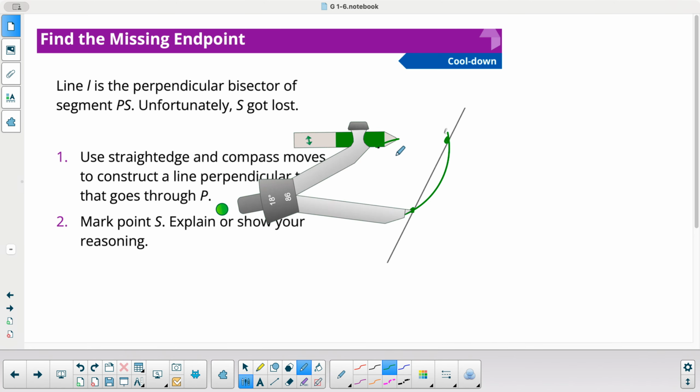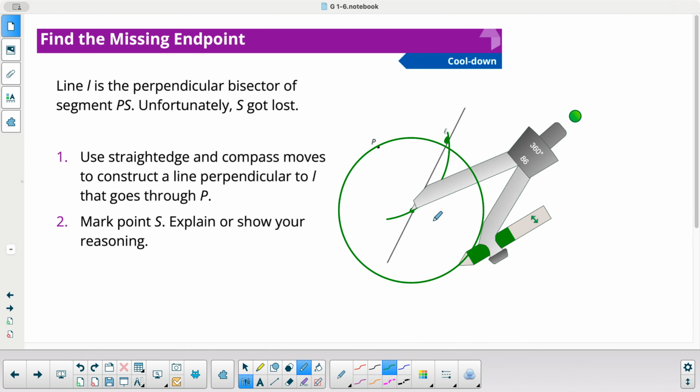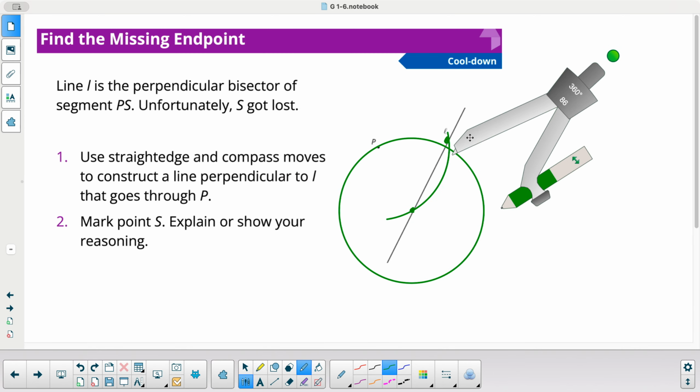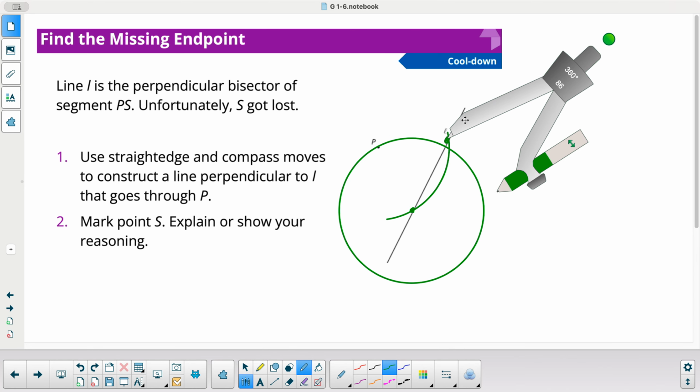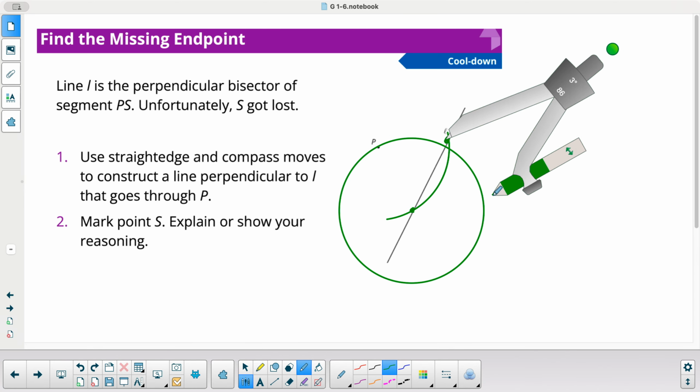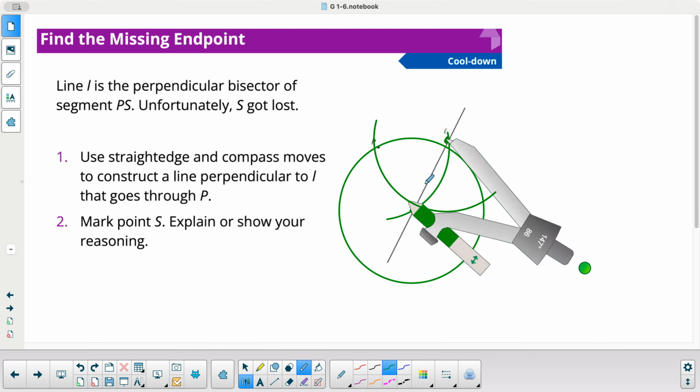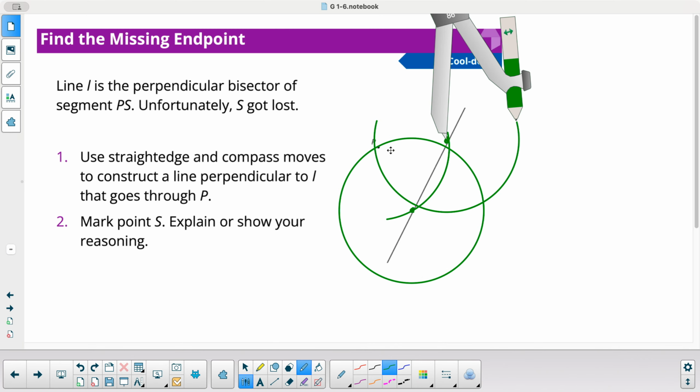And I make a circle here. Then I move my center to the other point that I found right there. And I mark that circle. And it should go through P. Mine's a little off, but yours will be better because you're using a sharp pencil. So this distance is the same as this distance.